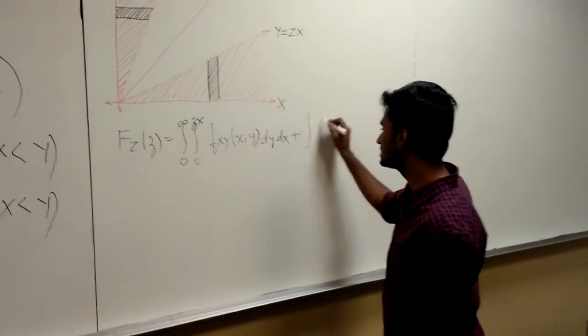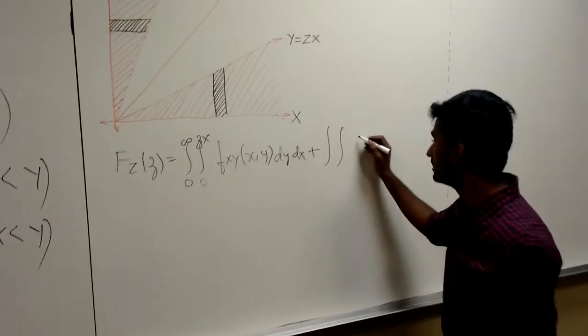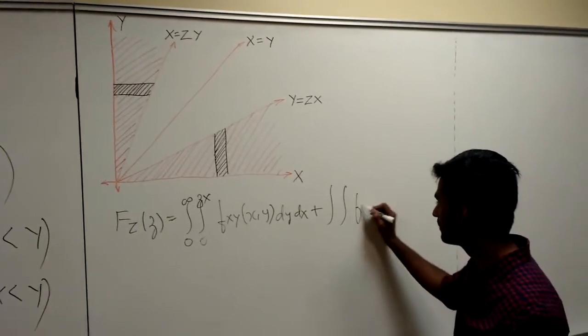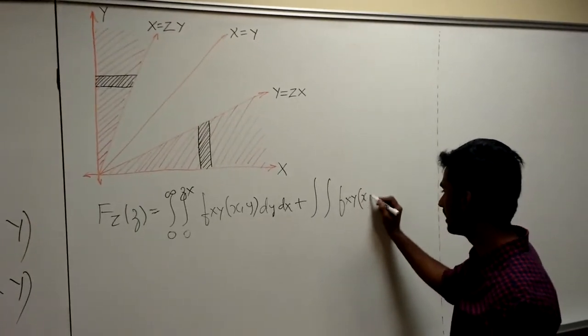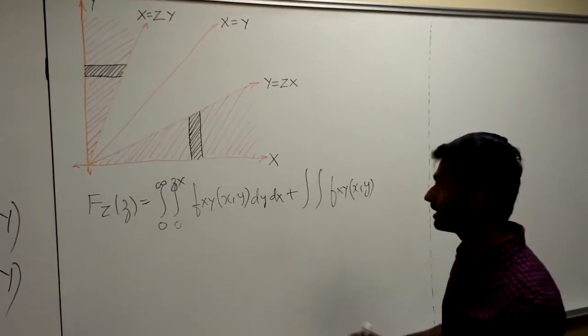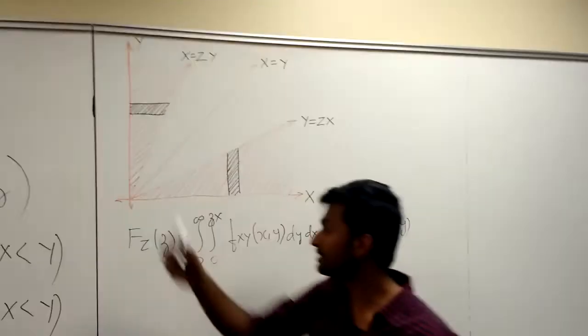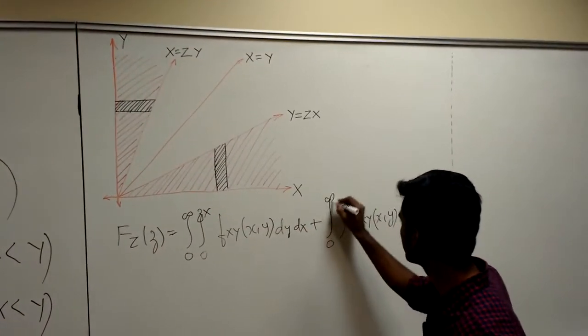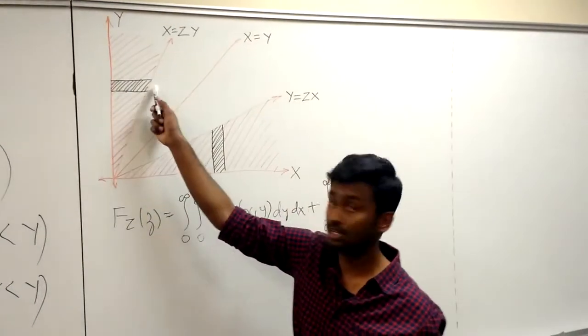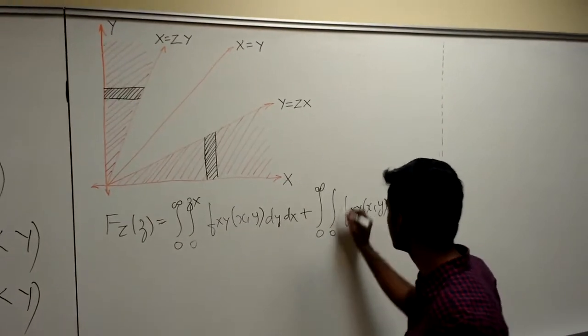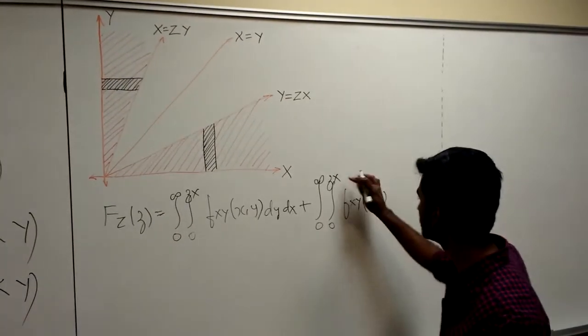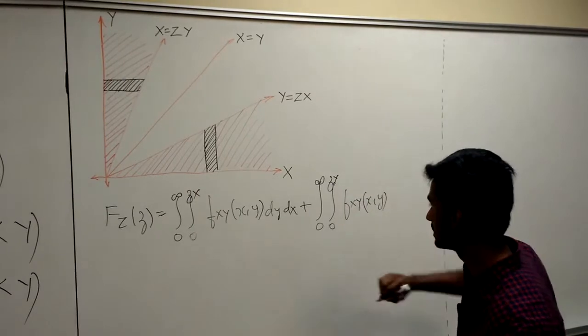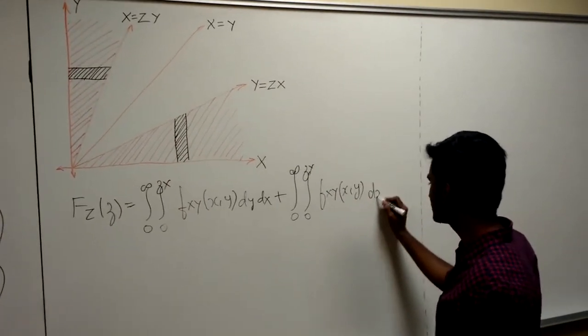Plus, for the second region, we take a double integration of the joint density function of X and Y, where y goes from 0 to infinity and x goes from 0 to zy. Sorry, that's a y. 0 to zy. So that will be dx dy.